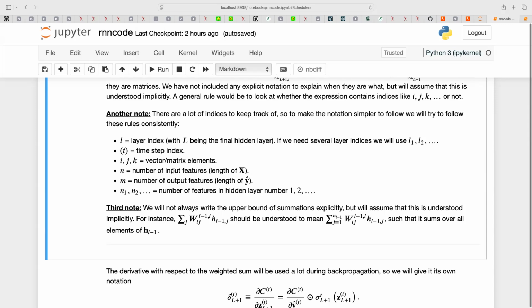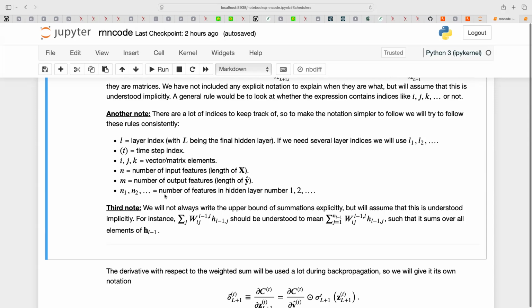So you could have many features which you feed in at a given time step. That means this X, when you feed it in at a given time step, could be a scalar, but it could also be a vector of many features.